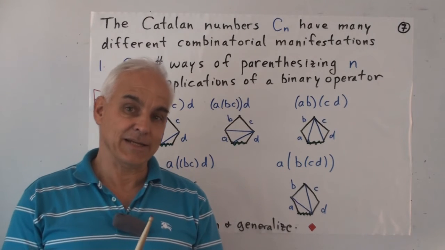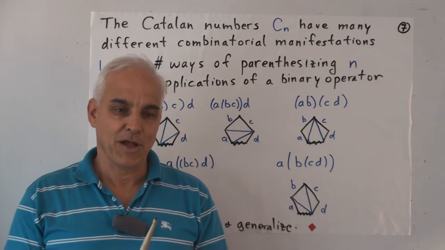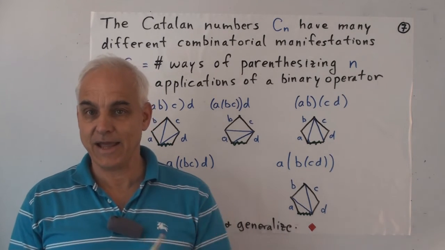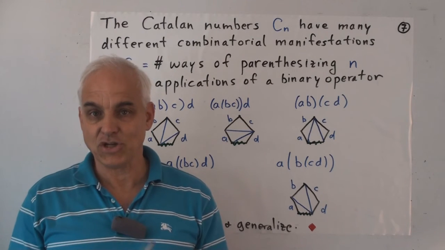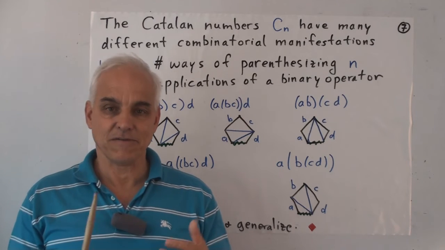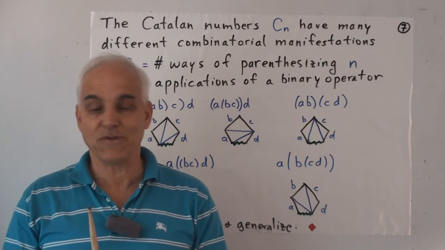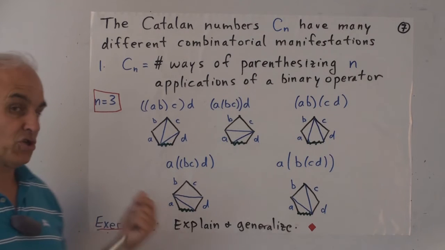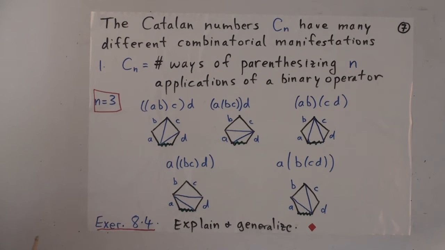And in Richard Stanley's sort of Bible of enumerative combinatorics, there's a large section devoted to Catalan numbers and various equivalent formulations of it. I think there's something like 60 or 70 different versions or aspects or incarnations of the Catalan sequence that he lists. So I'm just going to show you a few additional incarnations of these very interesting numbers.